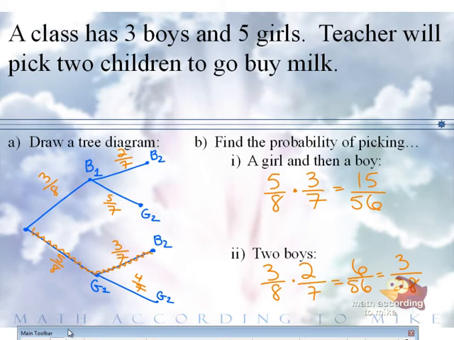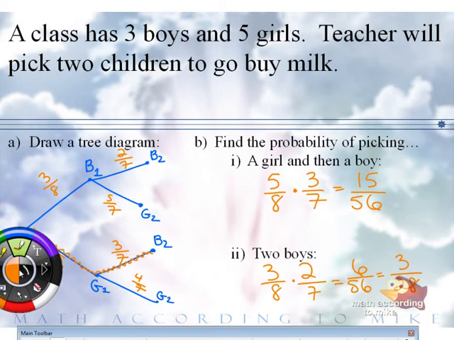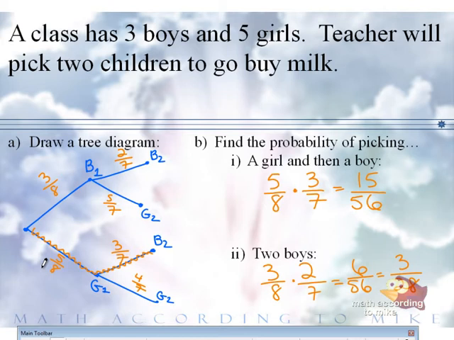So now you might ask, where does that fit into this guy here? Well, we were able to do this all without the formula. So B sub I, 5/8 means the probability of picking a girl first times, this is the probability of picking a boy second, given you picked a girl first.